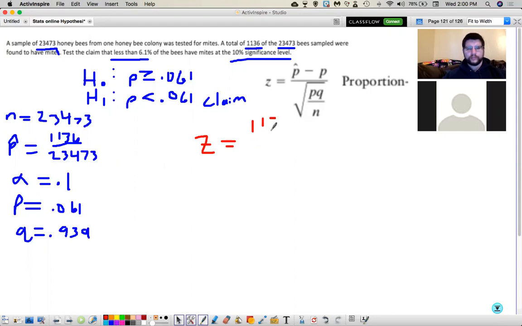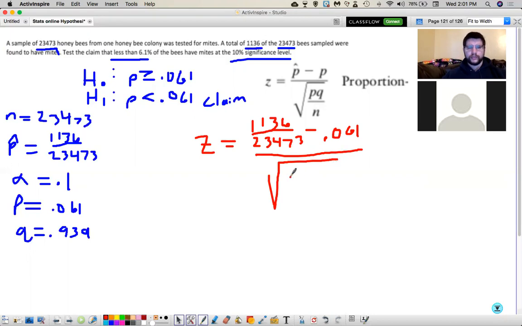P hat minus P over the big square root of P times Q. That's P times Q, not P hat times Q hat.